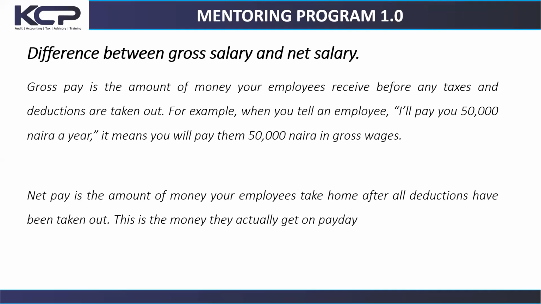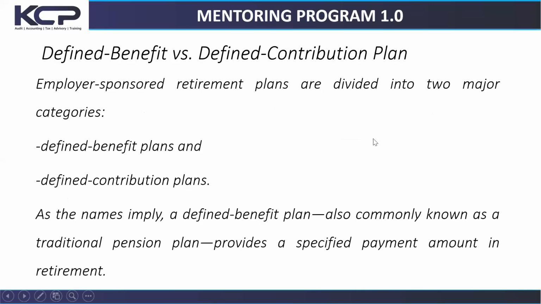Whatsoever must have been agreed among the employing parties as deductible, when you subtract this from the gross pay, what you have is the net pay. So net pay is the amount of money the employee takes home after all deductions, including statutory or otherwise, have been taken out. This is the money they actually get on a pay day. I believe that is well understood.